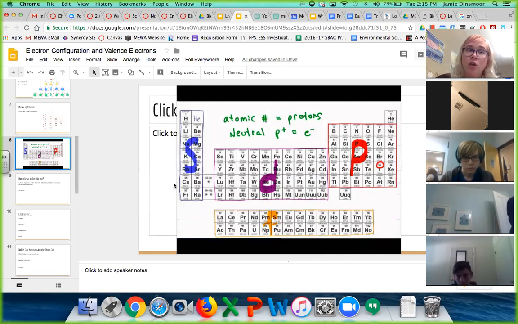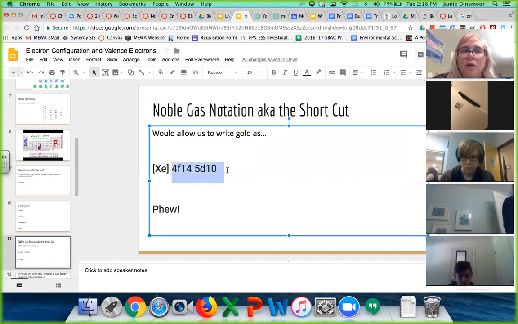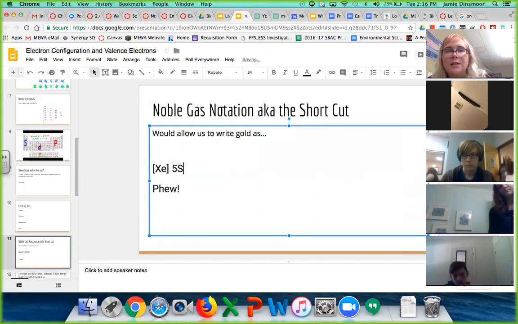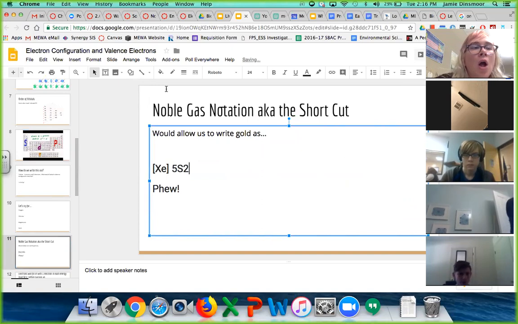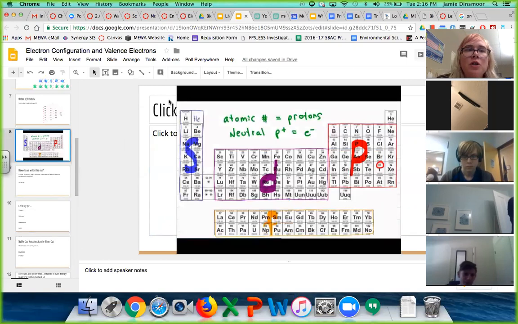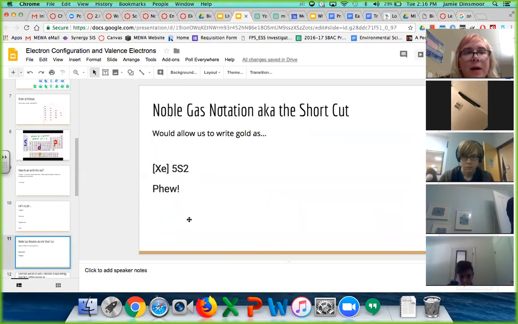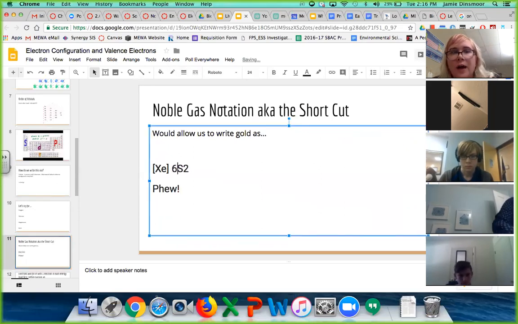After xenon, we should have 5s2, which I wrote, I hope. Of course, it's really small, and I can't read it now. Nope, I wrote it wrong. Good thing we're checking this. 5s2. Sorry guys, trying to flip between tabs.